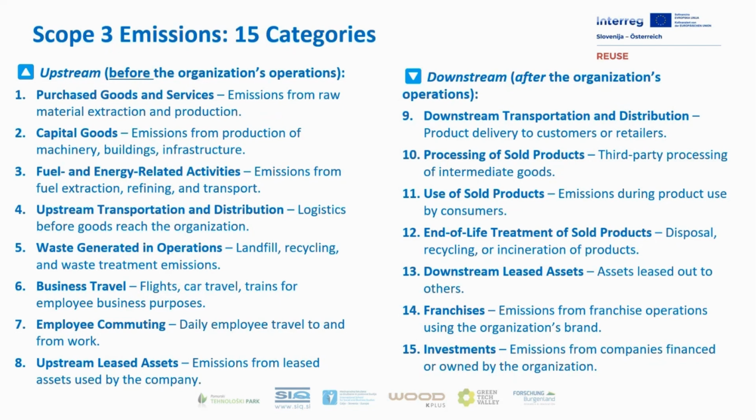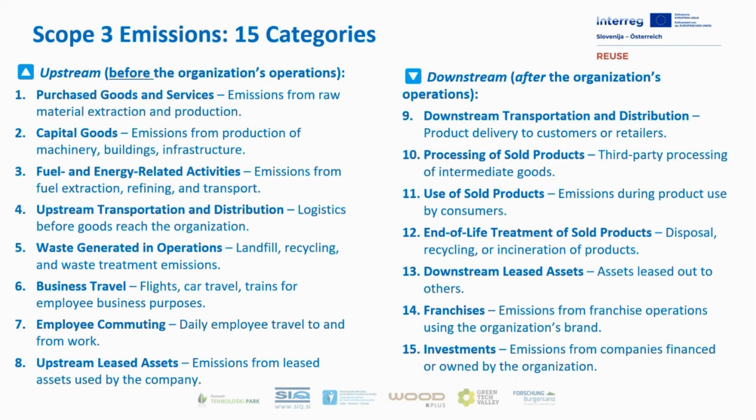Category 3, fuel and energy-related activities. This includes emissions from fuel production, transport, and processing that are not already counted under Scope 1 or 2. For example, emissions from extracting and refining fuels used by the organization. Category 4, upstream transportation and distribution.